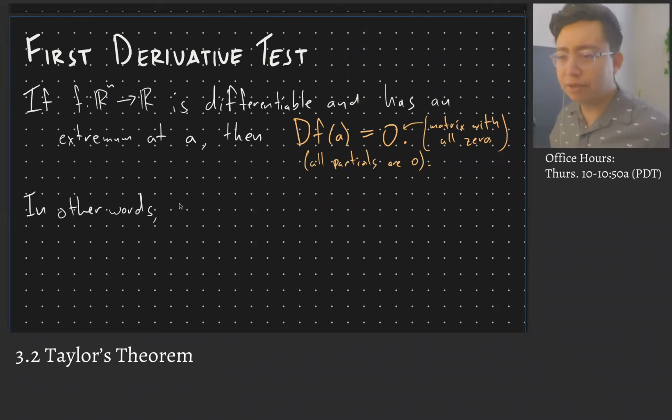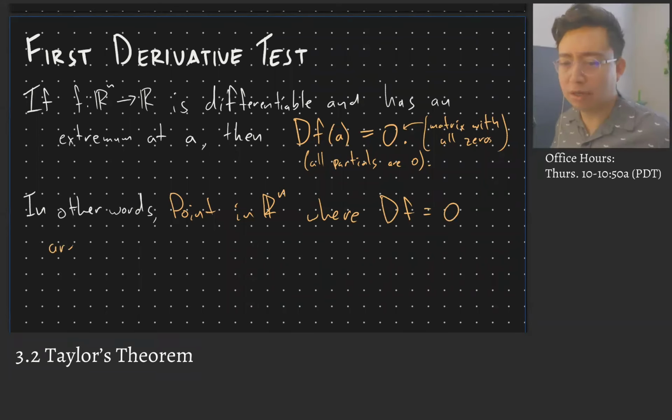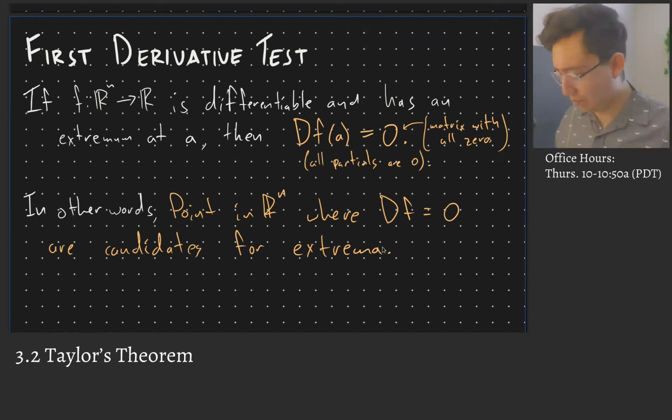So solutions, points in Rn where df is 0, are candidates for extrema.